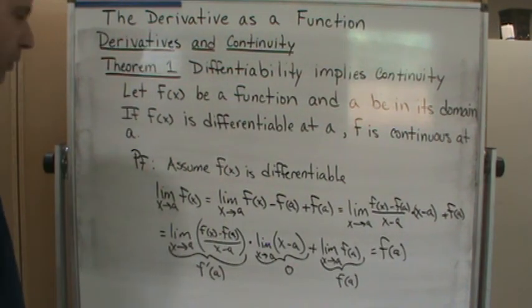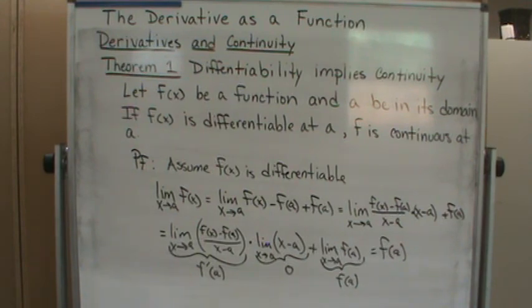And we just showed that it's continuous at a by using the definition of being continuous at a point. And so therefore, since f of a is defined and the limit as x approaches a of f of x is equal to f of a, we can conclude that f is continuous at a.